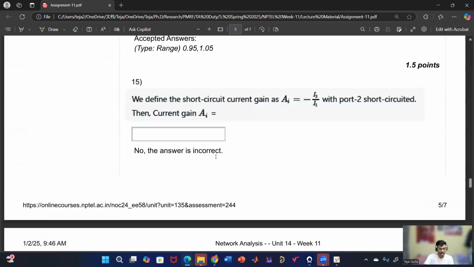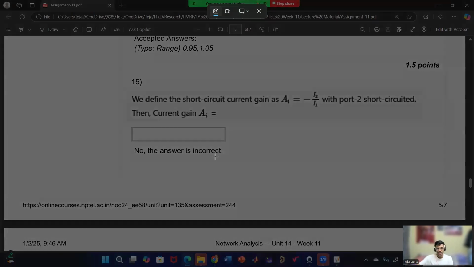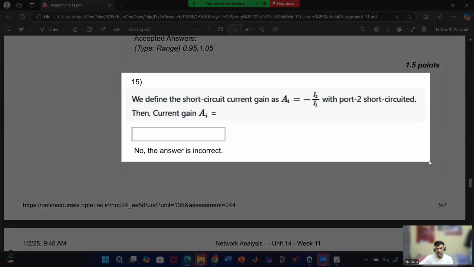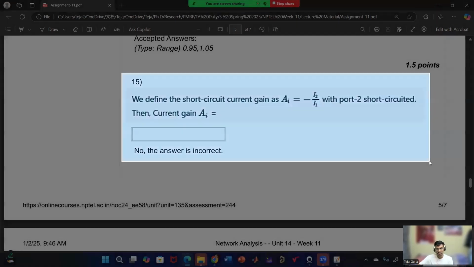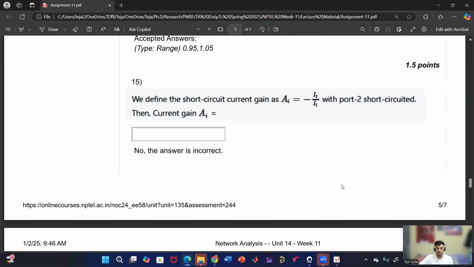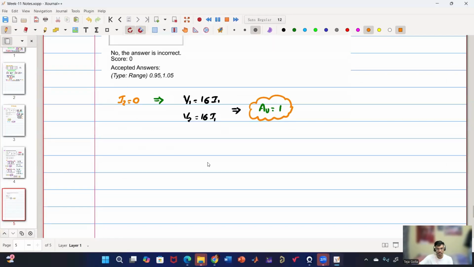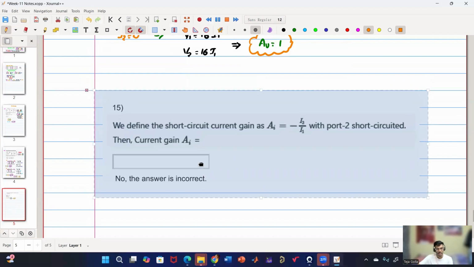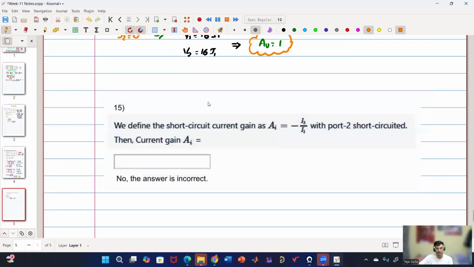Now they are saying port 2 is short circuited, and then what is minus I2 by I1. So port 2 is short circuit, so voltage V2 is 0. Now how are we going to solve for minus I2 by I1?